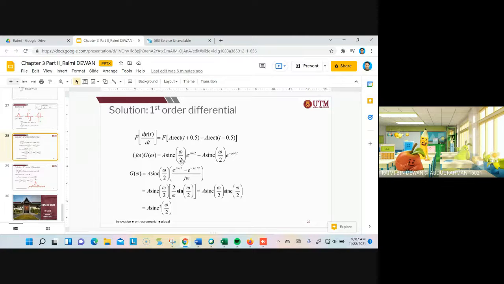If you see, they are the same sinc of omega naught; this one is the same, and this one is the one that is different. So you do j omega, because this one you put on the right side of the equation. Then you do the mathematics, you can bring them up, and then you have 2 here. So in the end, you will have sinc squared of omega over 2.